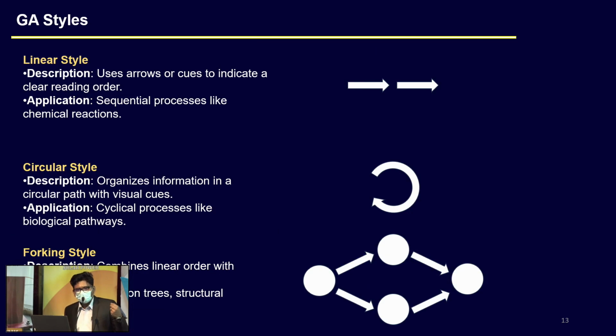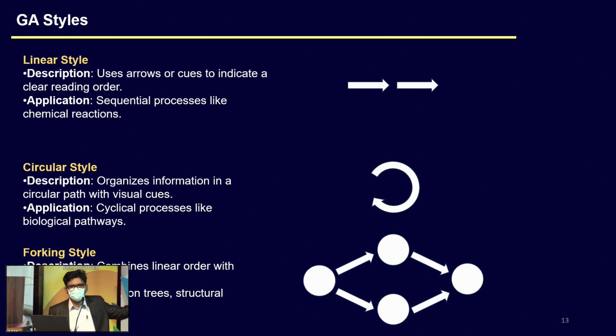So the graphical abstract styles: there are linear styles, circular styles, forking styles, and other styles. As we move on, I'll show you. So there's a description of the linear style. Here, starting from the equilibrium to the new equilibrium, you are proposing something that goes linear in time.